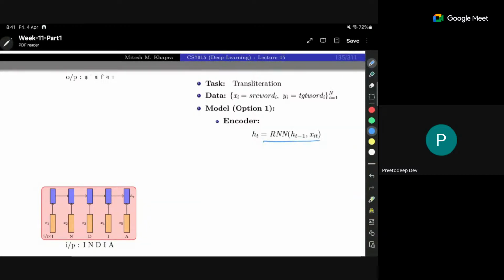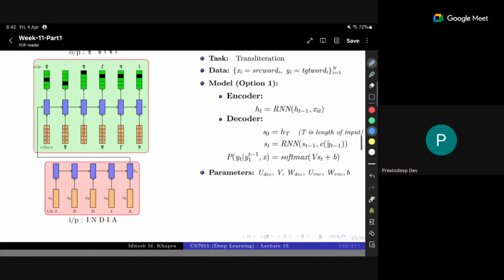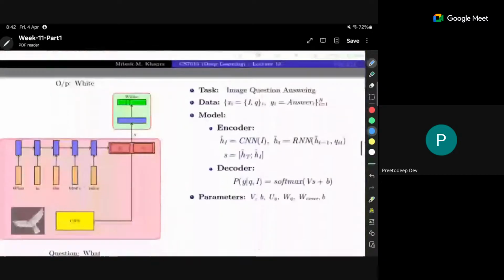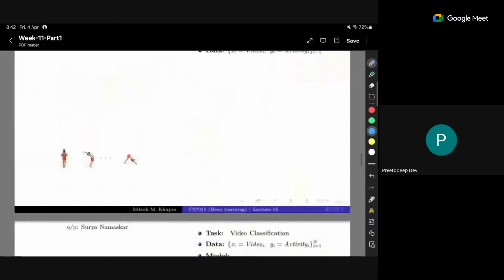What do you want as a decoder unit? Okay, I'll use RNN only, right? There's nothing new about it, the decoder is also an RNN. I think you get the point, and I don't see any point in explaining this more. If you go through the lecture, sir has explained it well.